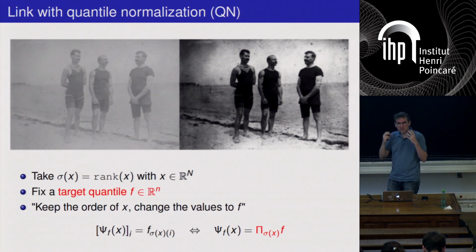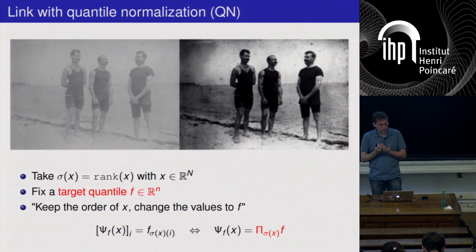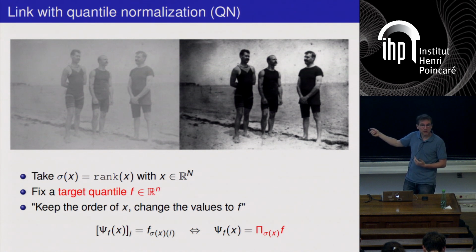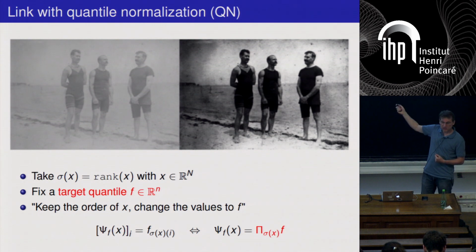If you write mathematically the operation, what we do is the following. We start from an image x, which is a vector of numbers. Then we compute the corresponding permutation by just ranking the pixels. So from the image, we extract a permutation, which I call sigma of x. And then how do we go from this permutation to this image? We've just assigned to each pixel some predefined value by some target distribution.